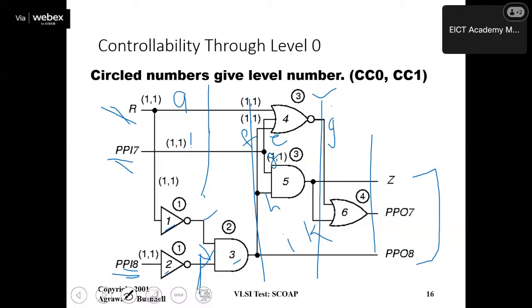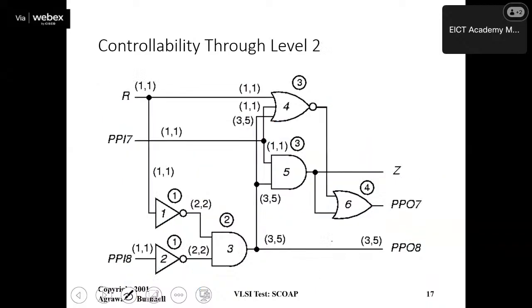We'll start with the minimum level first, because as the level changes, level change means we have to add +1. It is going to create at least 1 + 1, right? So first of all, controllability through level 1 we will be checking. These were the level 1s. For level 1s, these are the inverters.